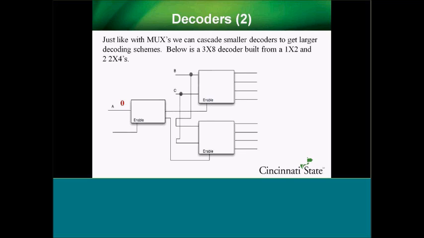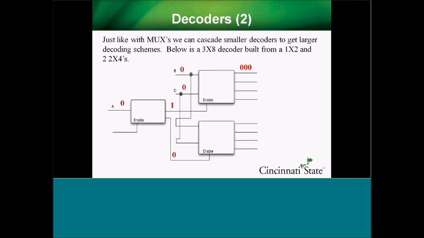So if A is 0, if it chooses 0, it's going to put a 1 out on the line. The line is going out on a 0 and 1. So it chooses a 1 there, which means it enables the top 2 by 4. The bottom 2 by 4 is disabled at this point. So if BC is 0, 0, for instance, then A, B, and C have selected 0, 0, 0, and a 1 goes out onto the top line. That's basically how that works.